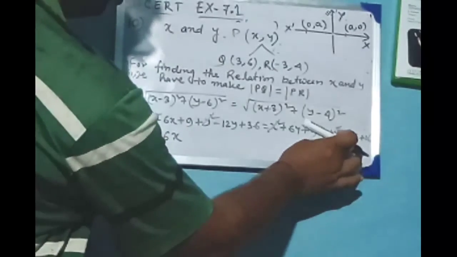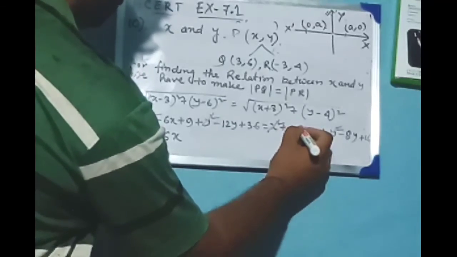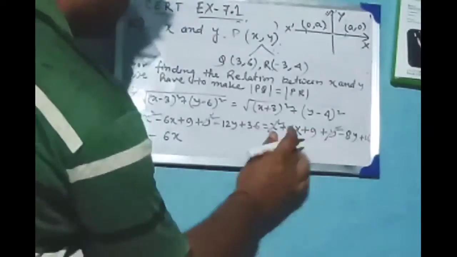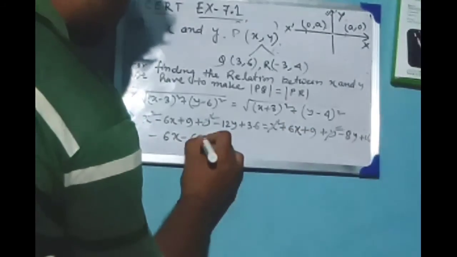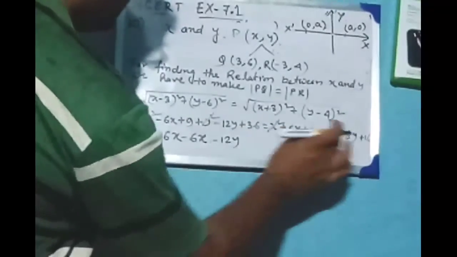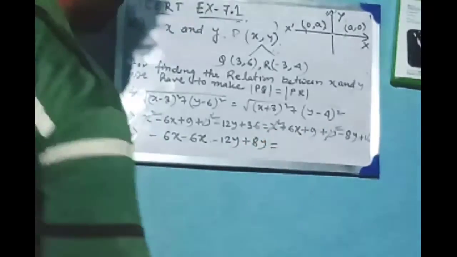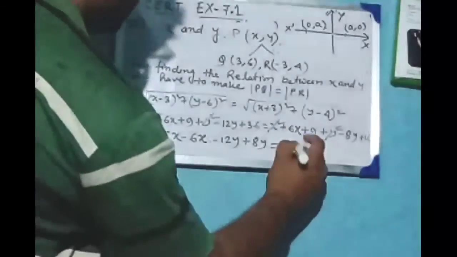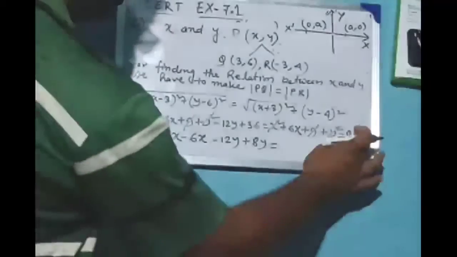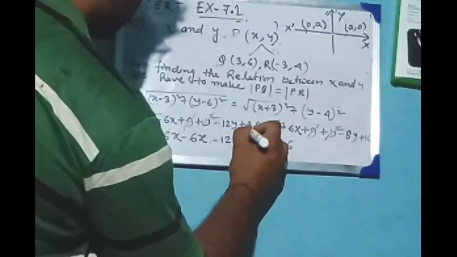Together with this minus 6x, I am taking minus 6x. Next, minus 12y, minus 12y. Here minus 8y means plus 8y. That's equal to, here plus 9, 9 will again cancel out. So here plus 16 and here plus 36.